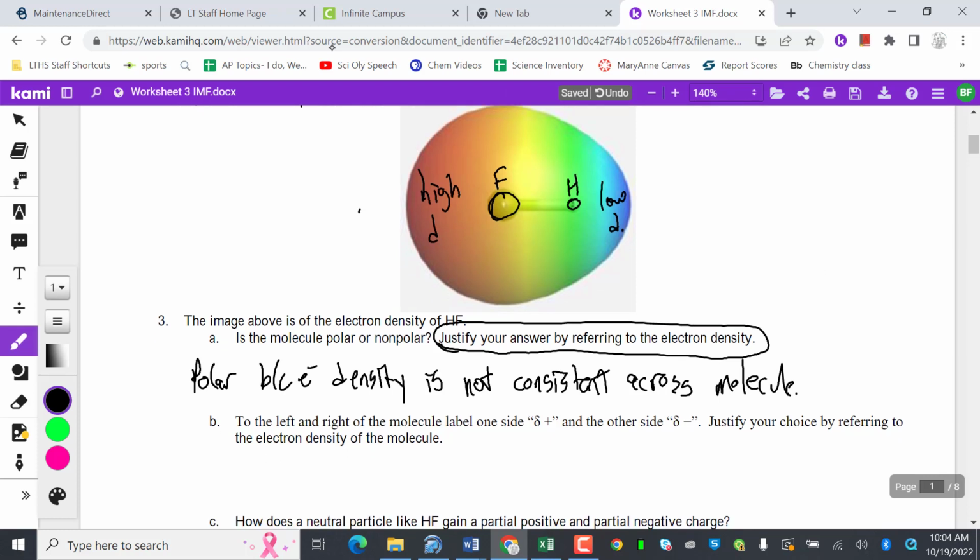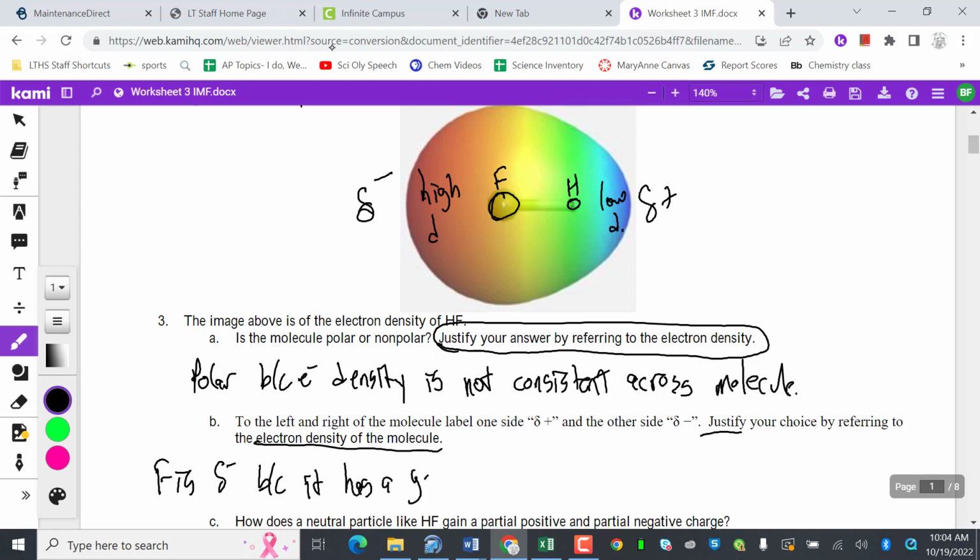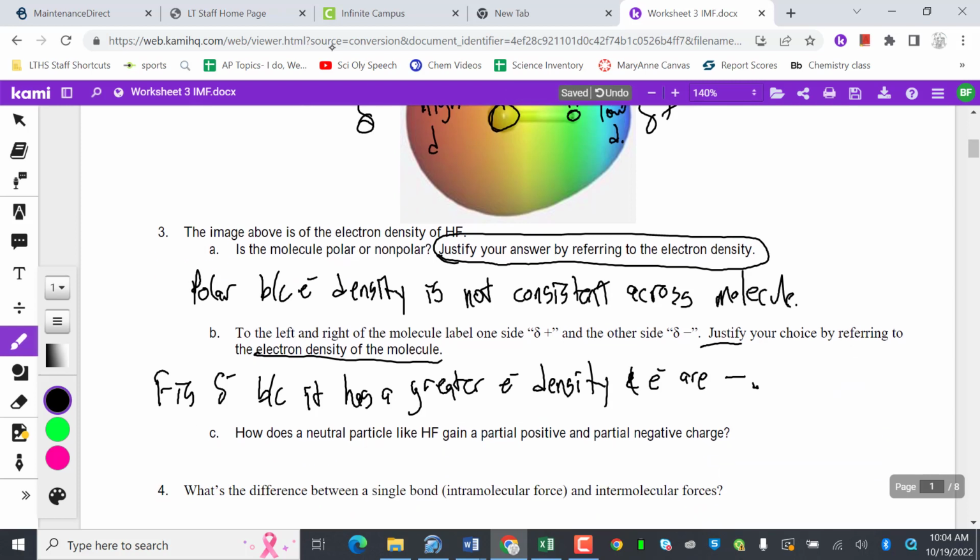It says justify by referring to the electron density. F is delta negative because it has a greater electron density and electrons are negative. How does a neutral particle like HF gain a partial positive and a partial negative?